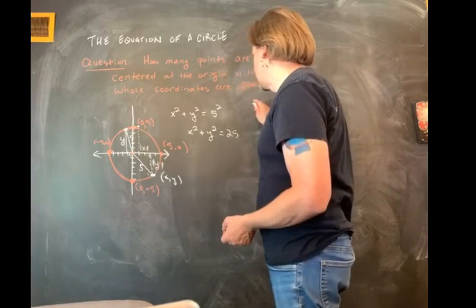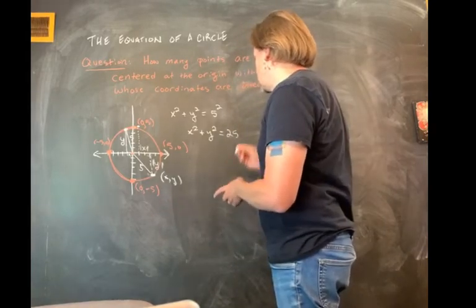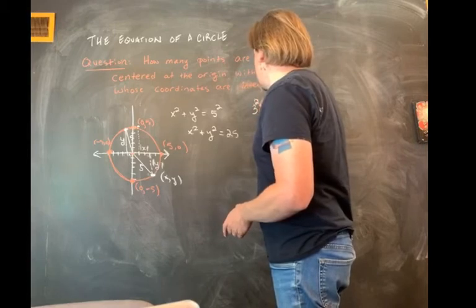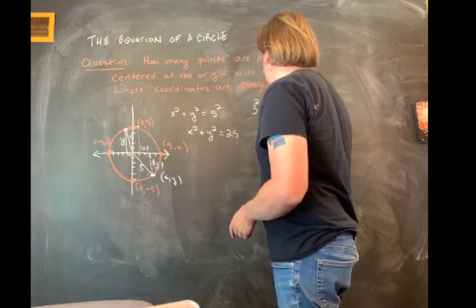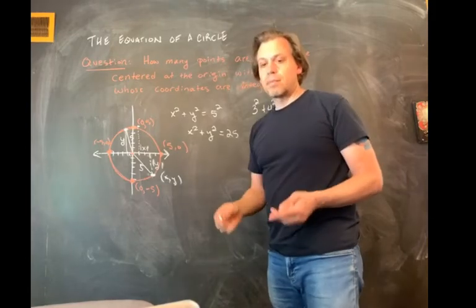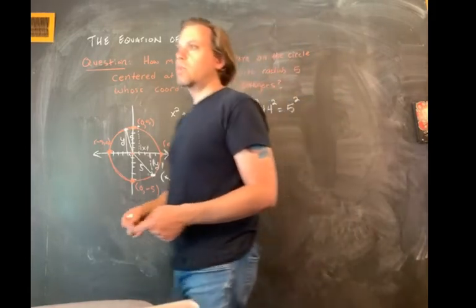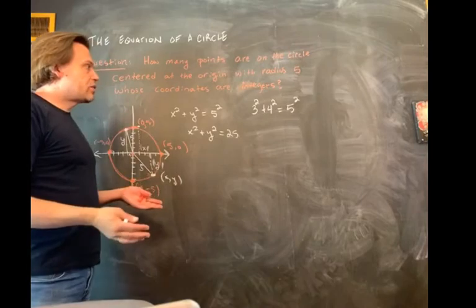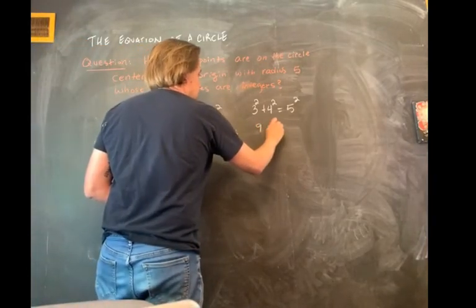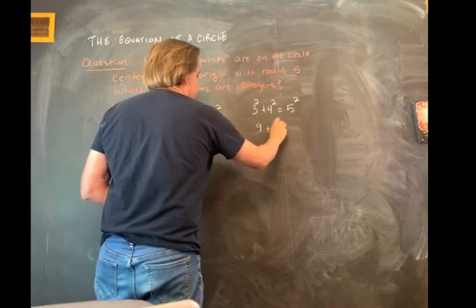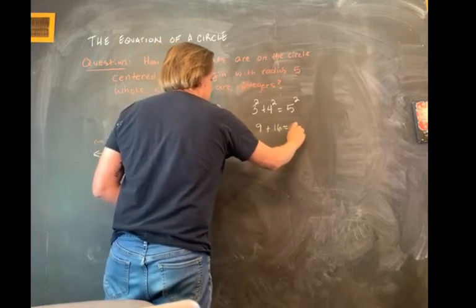It's because you know that 3 squared plus 4 squared is always equal to 5 squared. Every time. So if I do negative 3 squared, I still get positive 9. Negative 4 squared is still positive 16, and 5 squared is still 25.